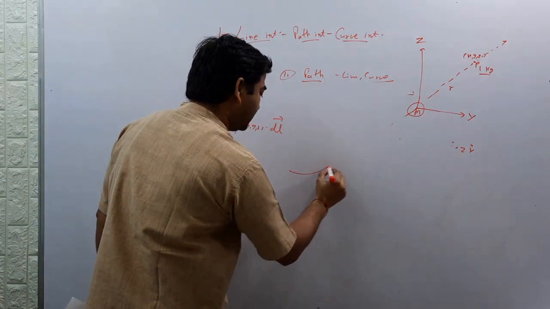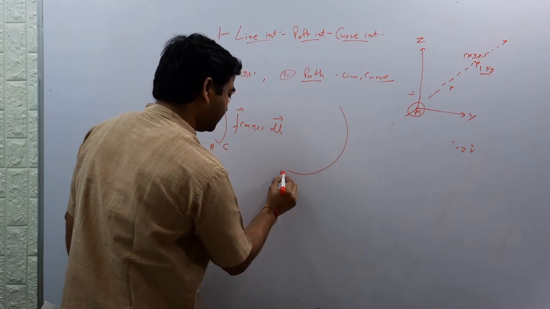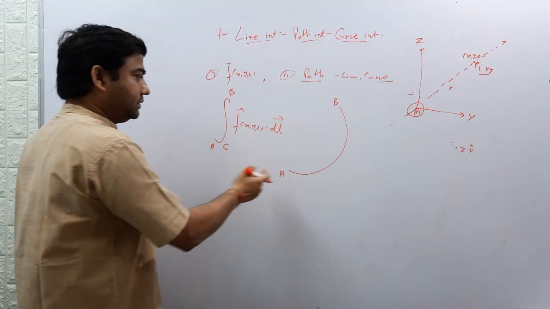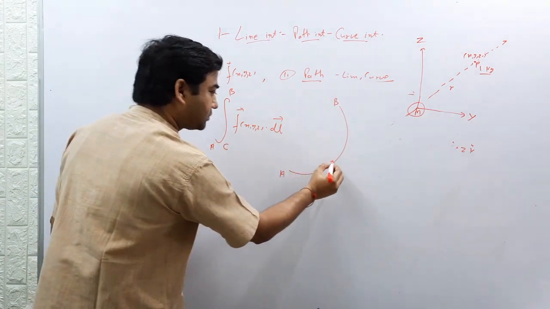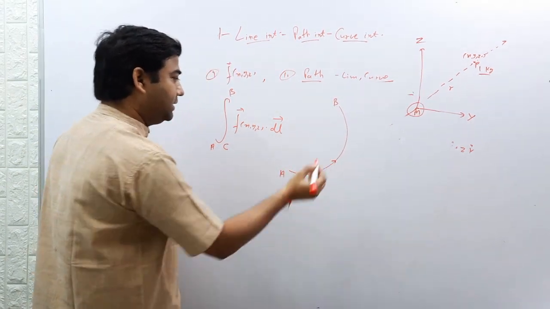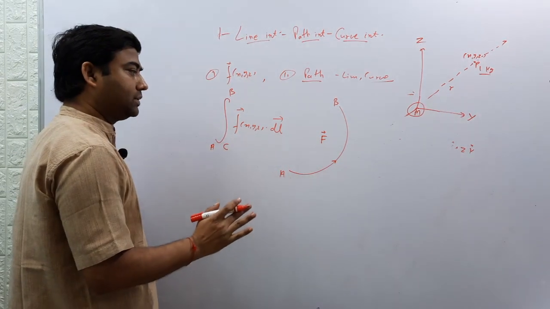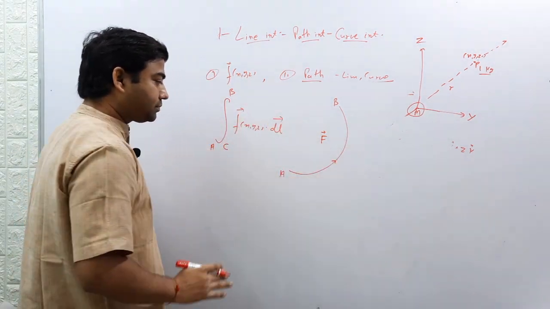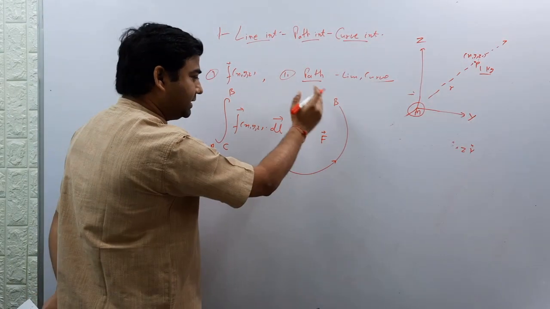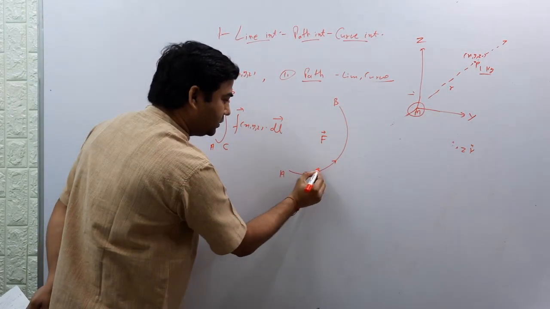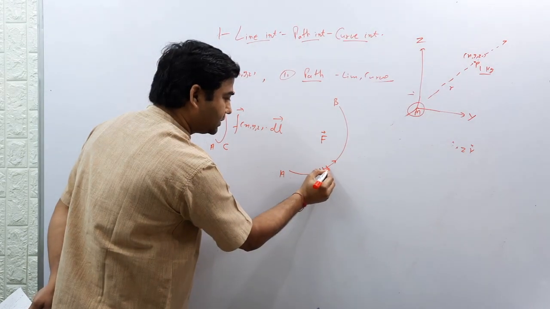So that is a path A, B. This is a path. And there is a vector field F in this space. So line integration will be found by dividing this curve into small parts.